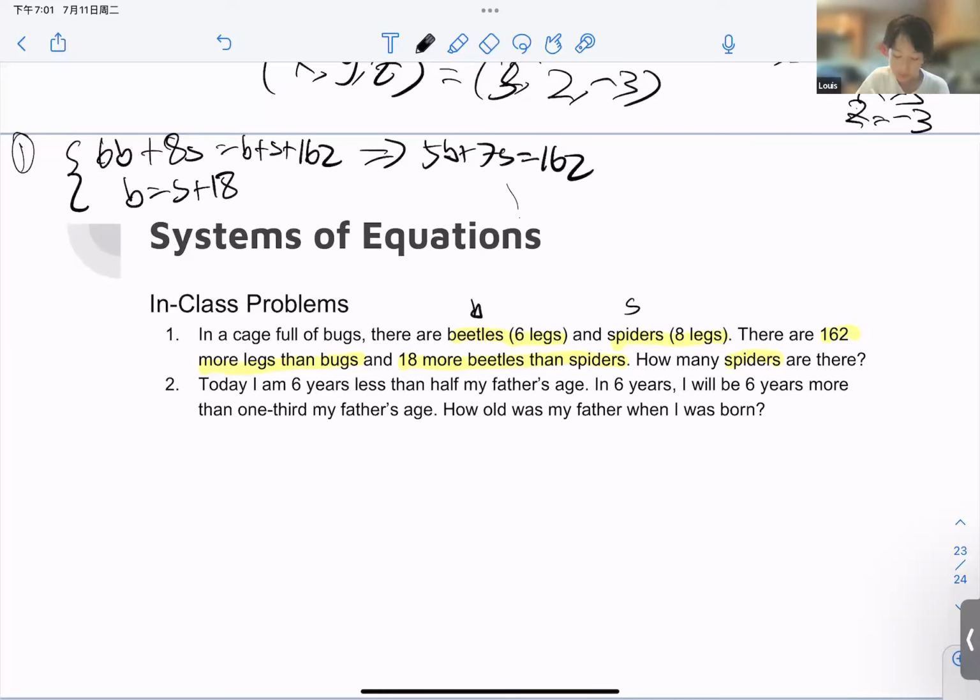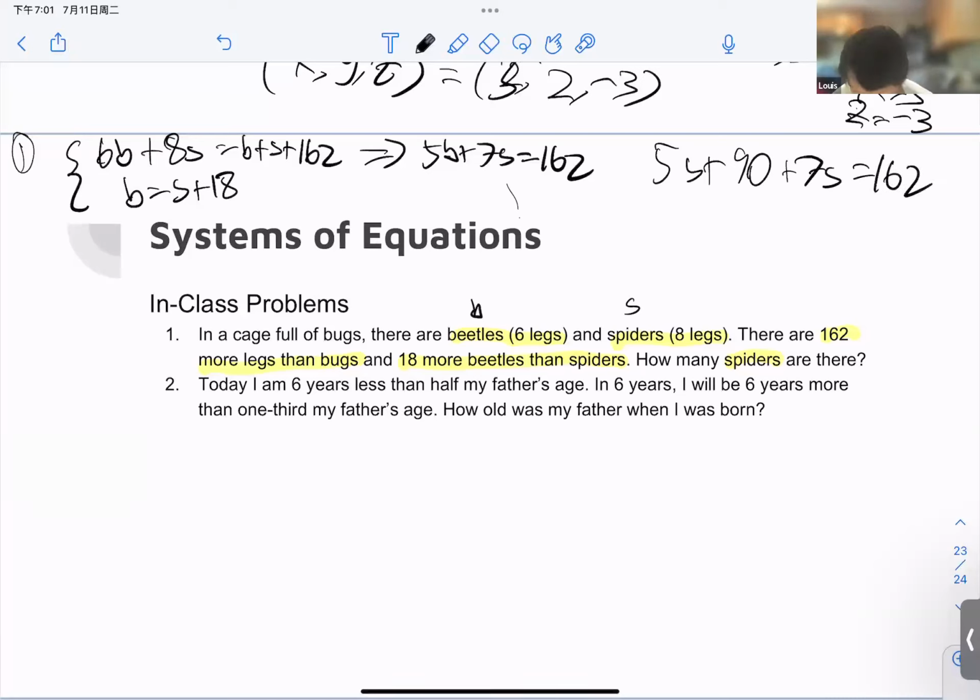And since B equals S plus 18, we can use substitution. So 5S plus 90, and then plus another 7S equals 162.